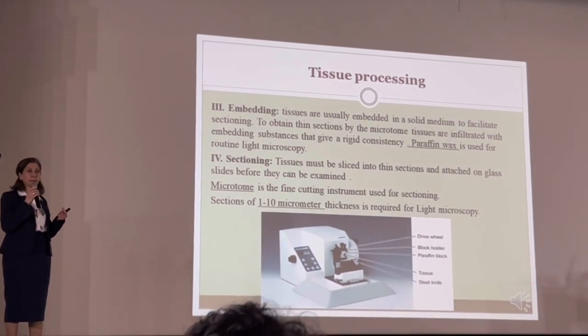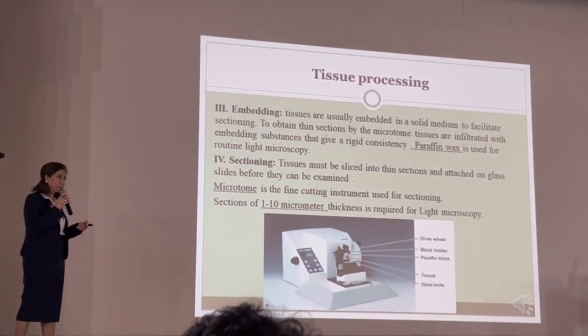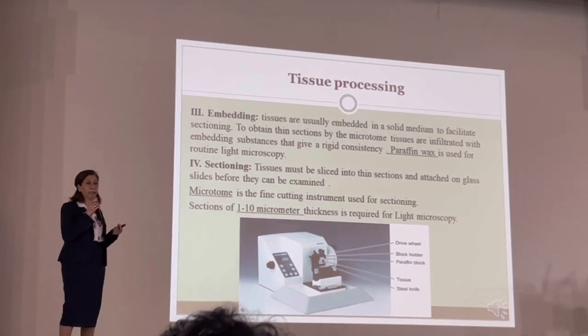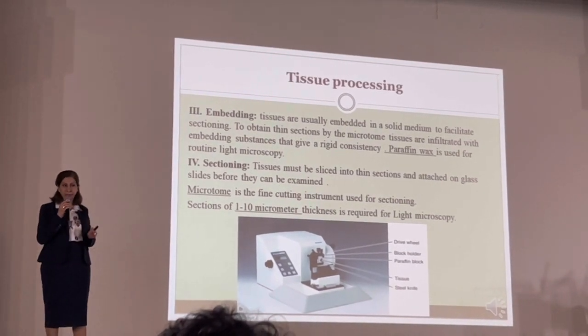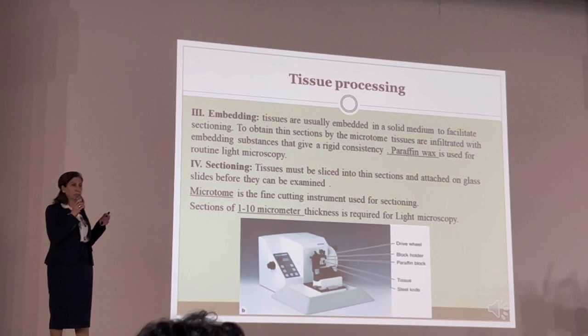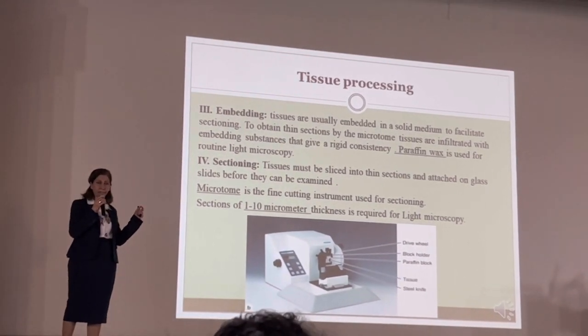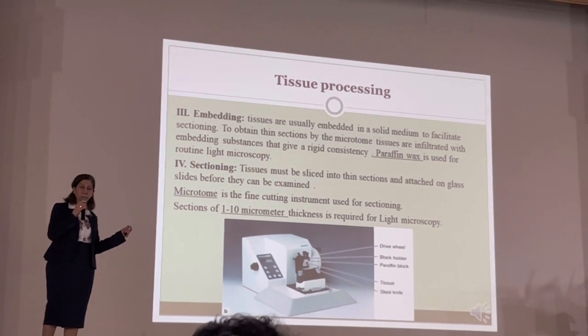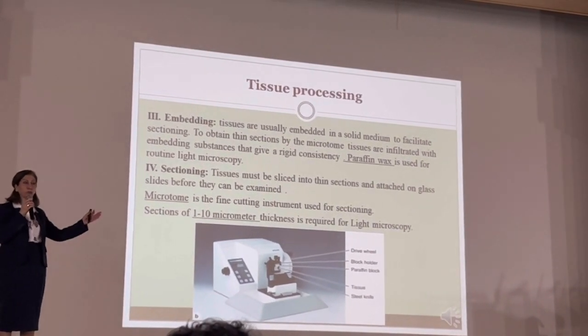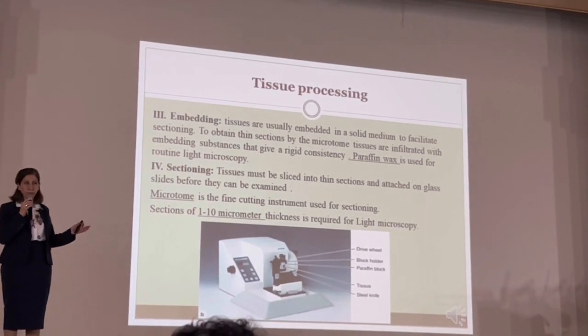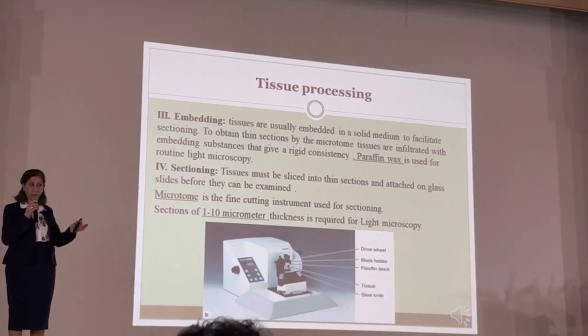And what is the cause for this? It is that during examination by electron microscope, we need very thin sections. The sections should be much thinner than in examination by light microscope. In the light microscope, we need a tissue thickness of 1 to 10 micrometers for the light to pass through.